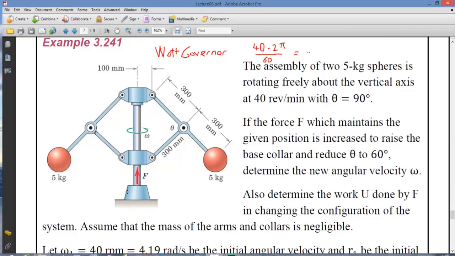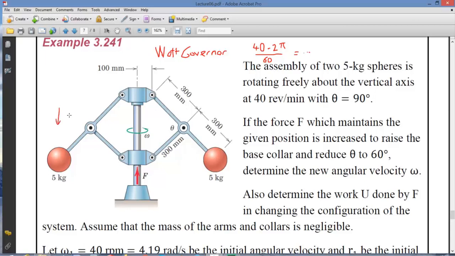Now, in order for these to rotate and not fall down, there's a force acting here, which is pushing this collar up. The reason that these particles would fall is, obviously, the gravitational force.